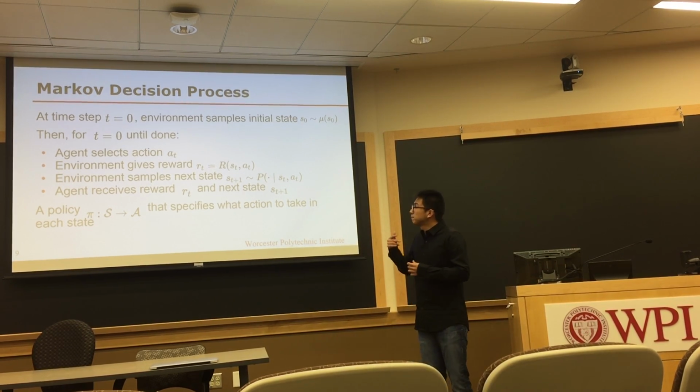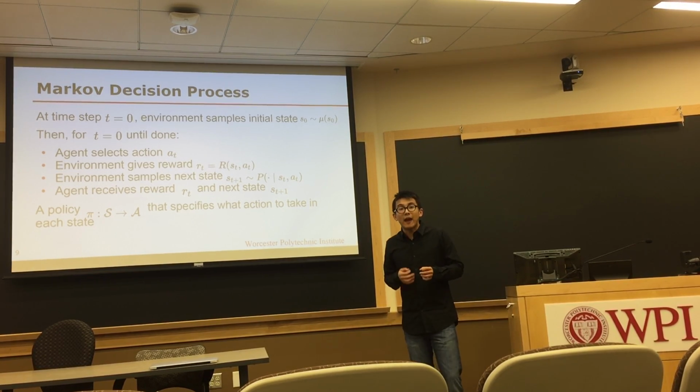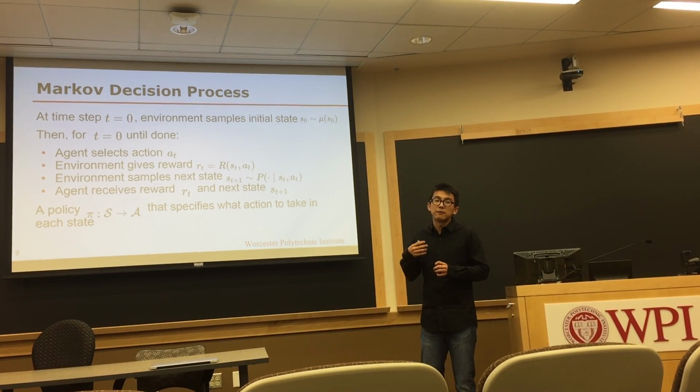And like I said, the transition probability describes how much chance you have of reaching the next state, given the current state and the current action.